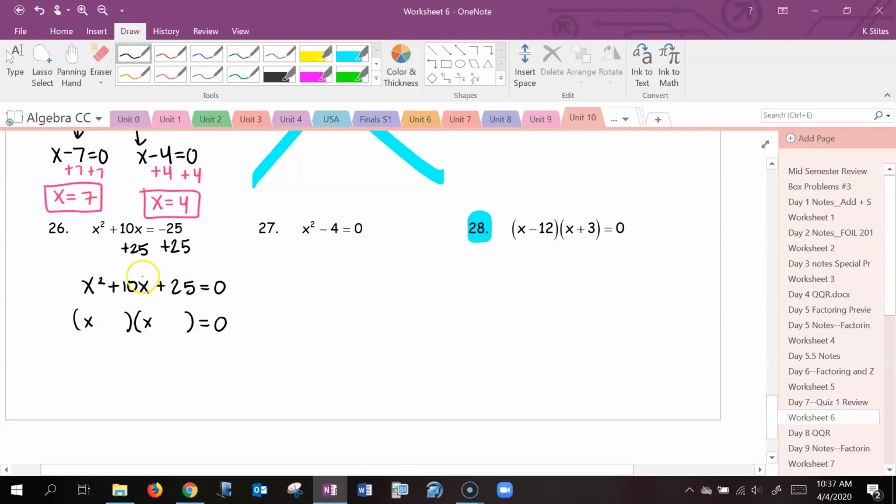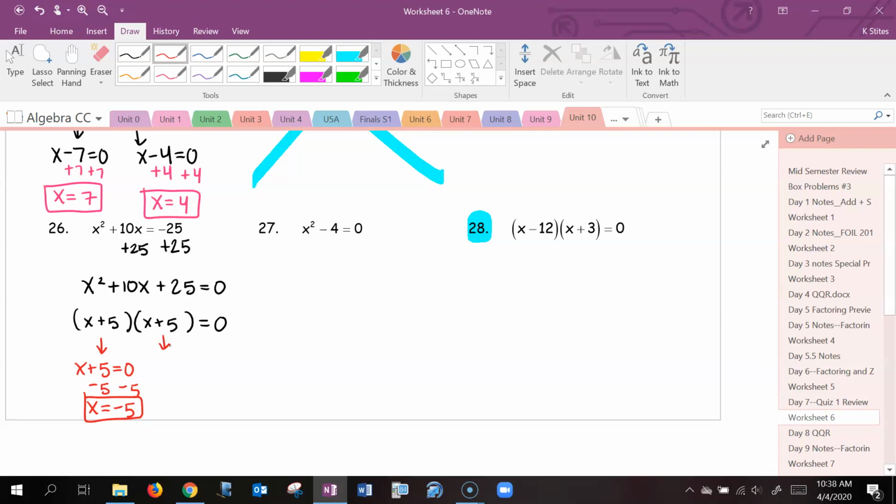Multiplies to 25, adds to 10. That's going to be a 5 and a 5. See how these are the same thing? That means when we solve, we only have to do one of them. So solving, I just set it equal to 0. Subtract, and you'll get x equals -5. If you want to do that with this one too, you can, but since they're the same, there is no need.